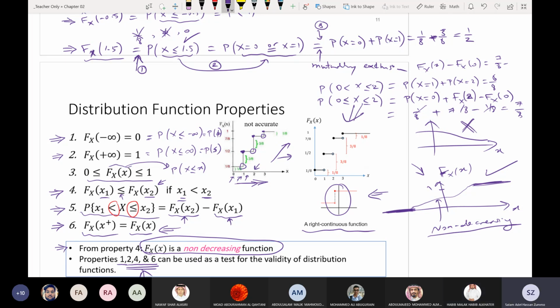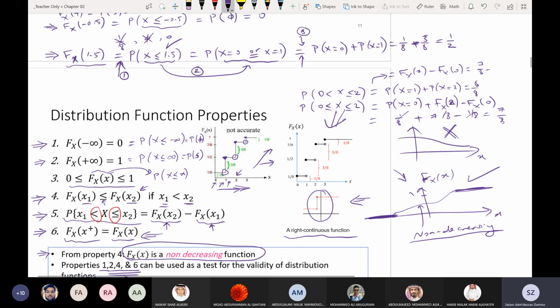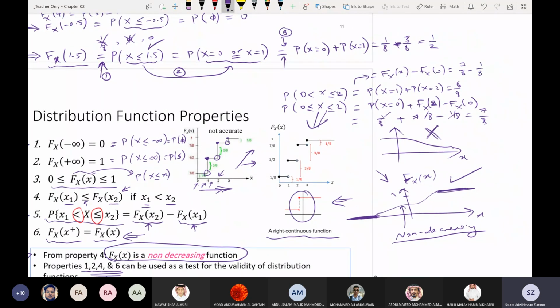Yeah. يعني if I write it as fx of 2 minus fx of 0, this is 7 over 8 minus 1 over 8, which is 6 over 8, right? Yeah. صح?